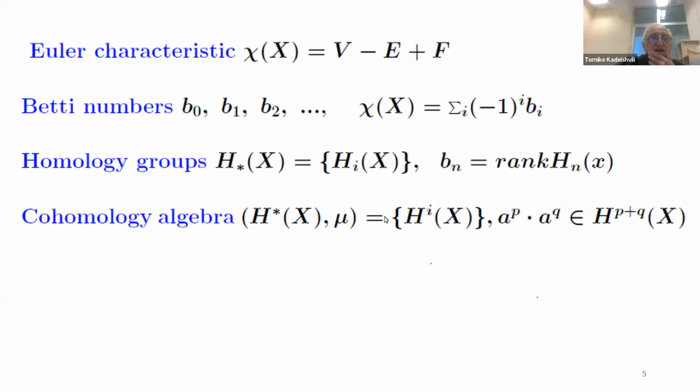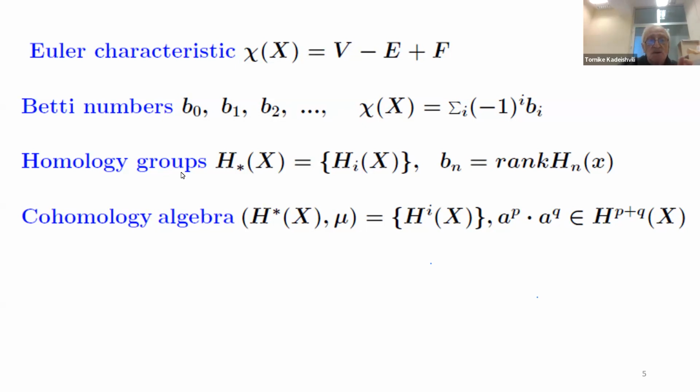In history, the very first topological model was the Euler characteristic: vertices minus edges plus faces. It was a single number. After some years, Betti numbers were introduced, which are not one single number as in Euler's case, but a sequence of numbers, each describing the holes of a given dimension. Euler's number is the alternating sum of Betti numbers.